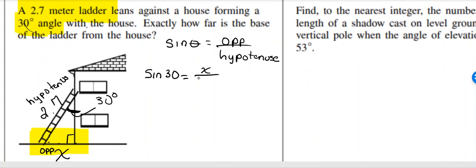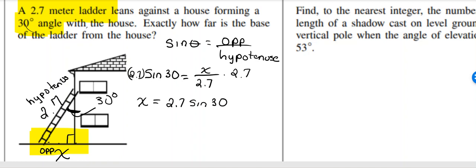That's going to be over the hypotenuse of 2.7. So how do I solve for x here? I need to multiply both sides by 2.7. When I multiply both sides by 2.7, I get x is equal to 2.7 sine of 30.